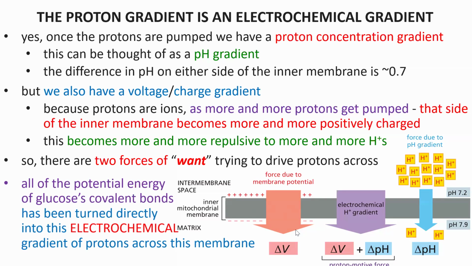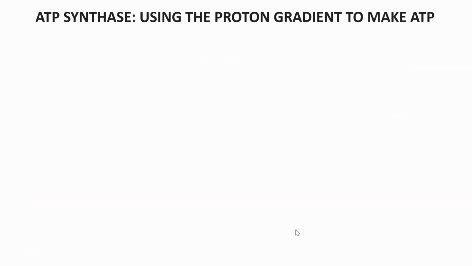But this idea of using charge and concentration to drive something across a membrane is a common one in biology. So what we want to leave this slide with is the understanding that these protons really, really want to flow. There's a lot of potential energy here because they're desperately trying to get away from being so crowded, and they're desperately also trying to get away from where it's so positive.